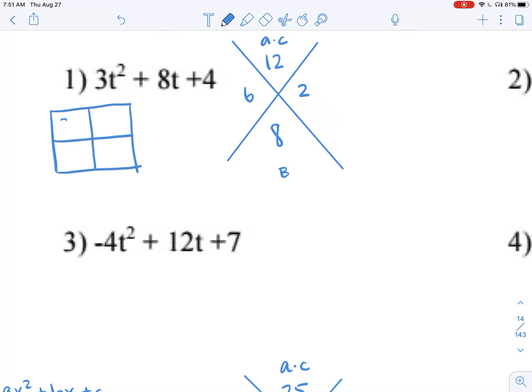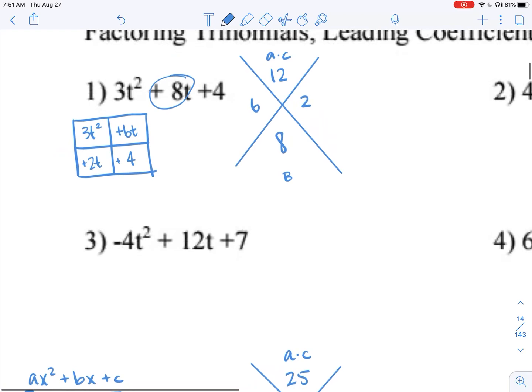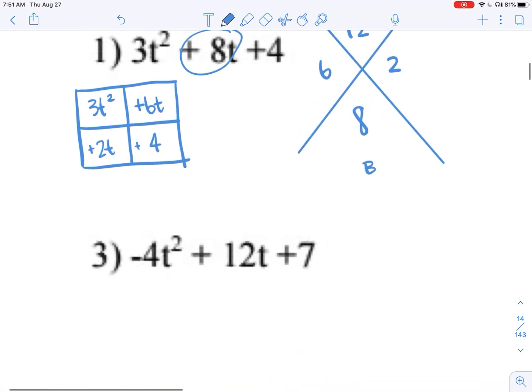So your first term, 3t squared. Last term is a positive 4. The 6 and 2 tell us how to split this 8t, so plus 6t plus 2t, and now we're just going to do some factoring. 3t squared and 6t share a 3t. They're both divisible by 3, and I can take t out of both.